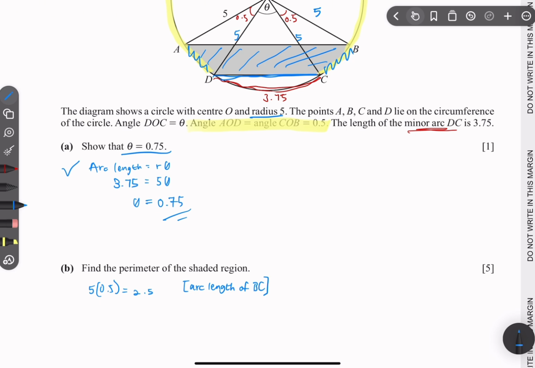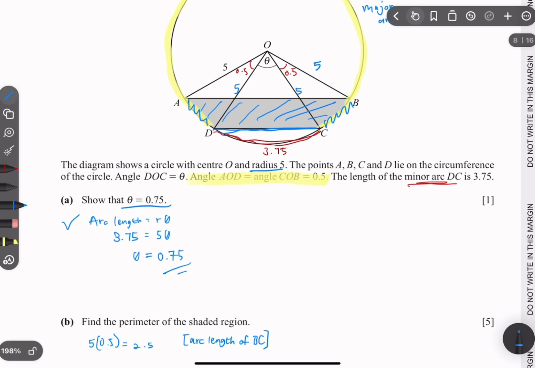So to find CD, we can use the triangle DOC, which is this whole part. Since we already have the lengths of both of the sides and the angle, we can use the cosine rule.